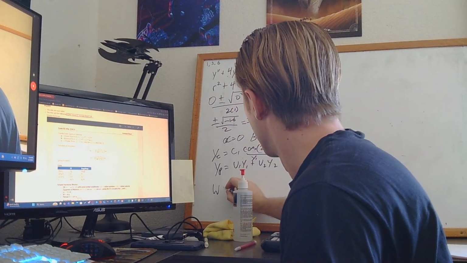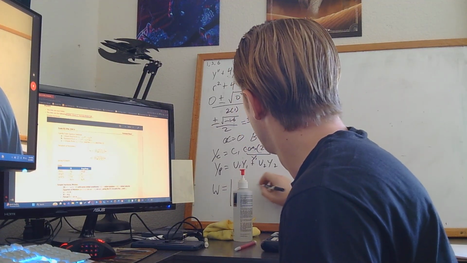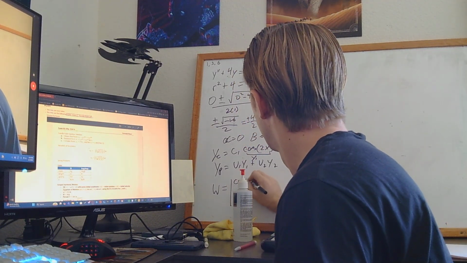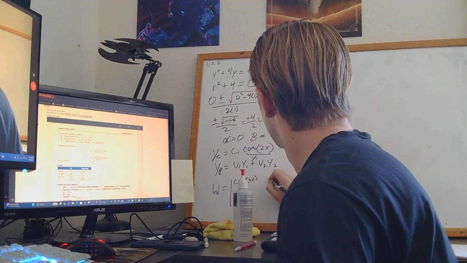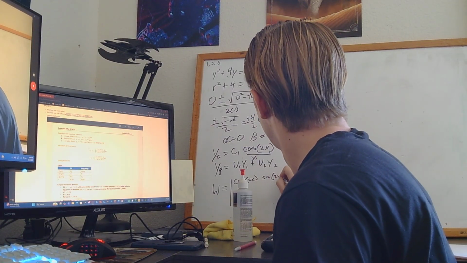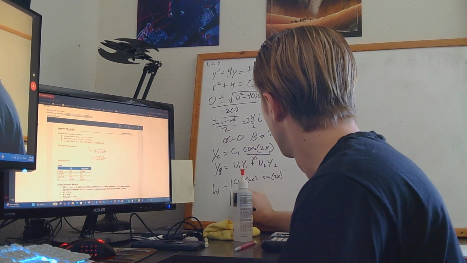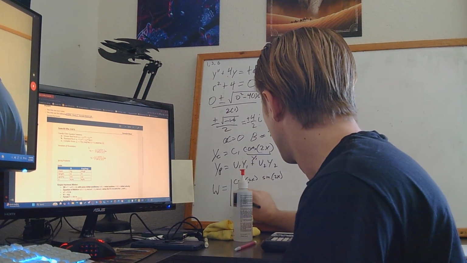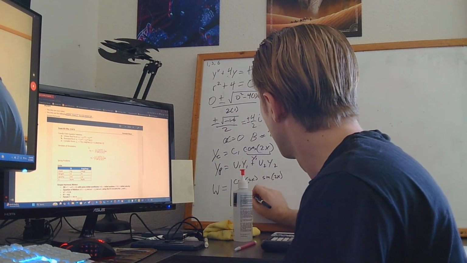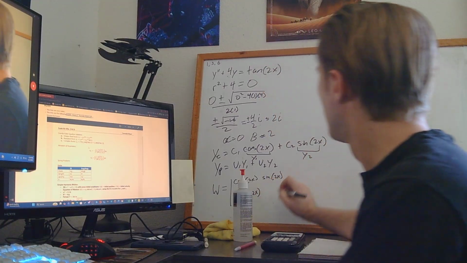Wronskian of y1 and y2, so that's going to be cosine 2x and sine 2x. Derivative of cosine 2x is, what is that, minus 2 sine 2x, right?